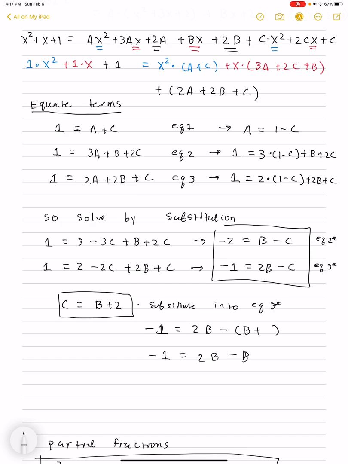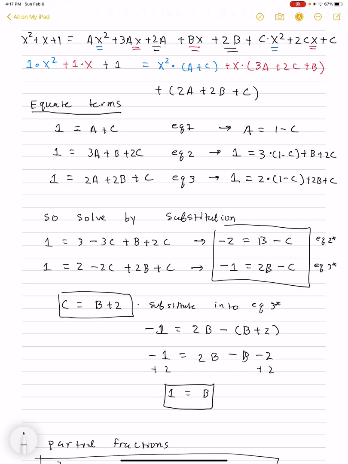I believe I said that, but then wrote c. Then that'll be minus 2. We'll move the 2 to the other side. That will say 1 is equal to b.